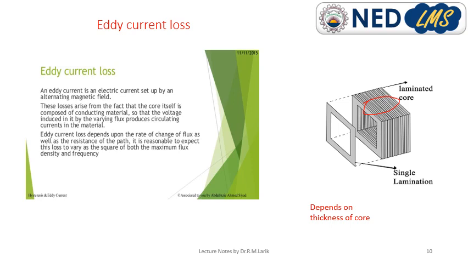So eddy current loss depends upon the thickness of the laminations, that is thin or thick, and hysteresis loss depends on the material, that is high silicon material or any other material in which reorientation of magnetic domains is allowed quickly. So hysteresis loss depends upon the material of the core, and eddy current loss depends on the thickness of the laminations.